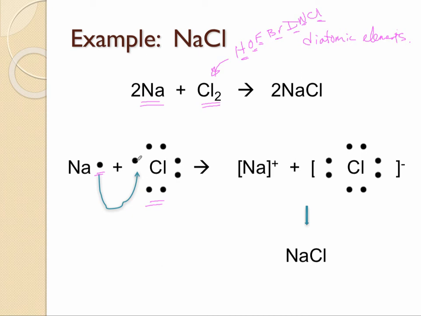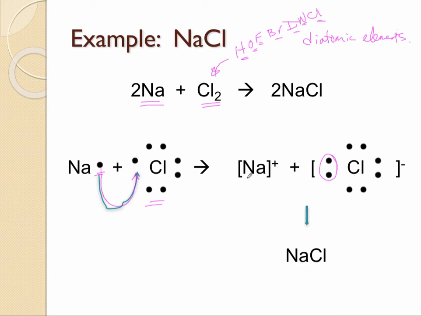Chlorine in group 7 has 7 valence electrons and a higher electronegativity, while sodium has a pretty low electronegativity. Chlorine is able to attract that electron over to itself, basically winning the tug of war for that pair of electrons. Sodium is left being a cation, chlorine is left being an anion.